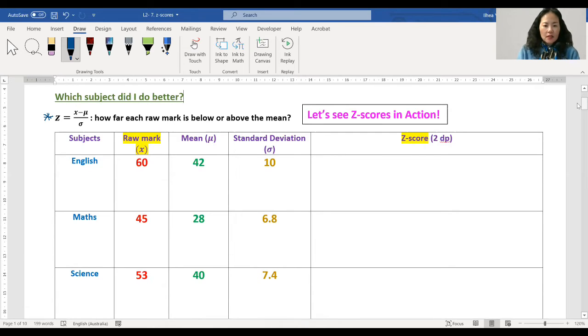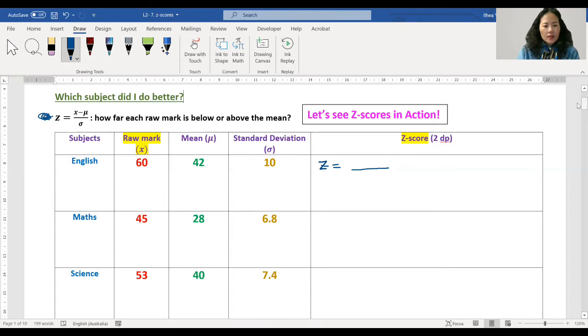So let's have a look at this. I'm going to change the raw marks to z-scores so that I know how far my raw mark is below, above, or even at the mean. I'm using this formula.